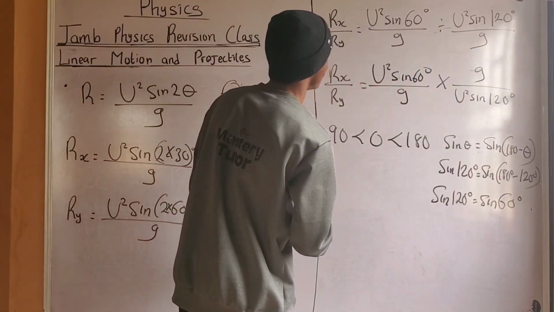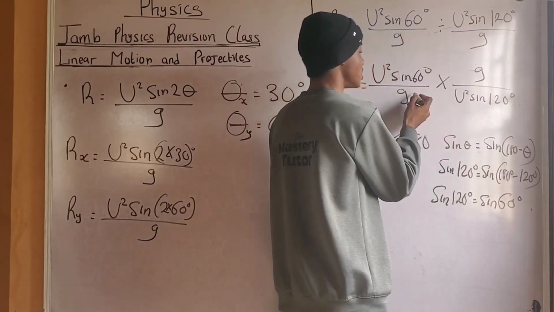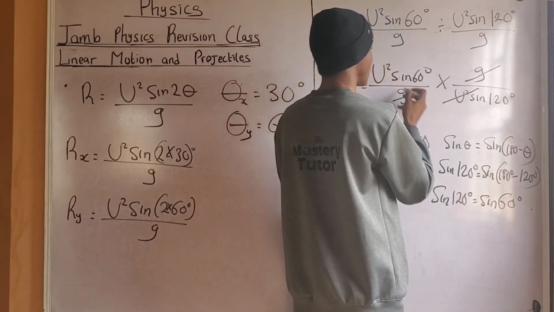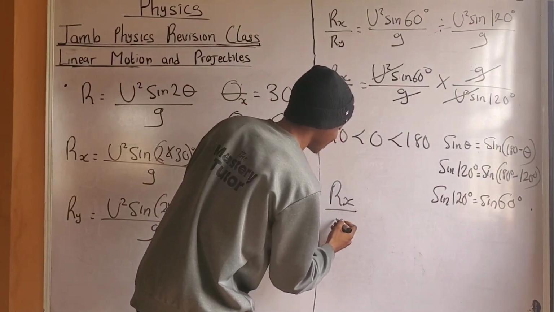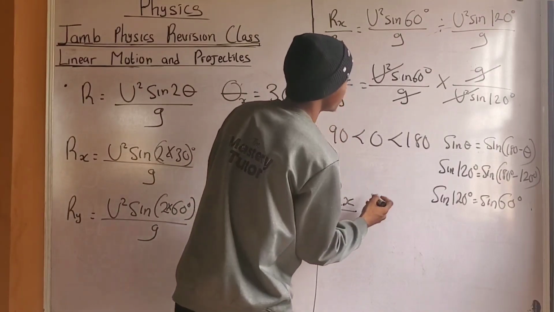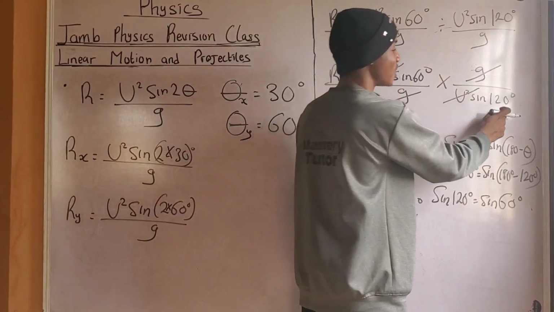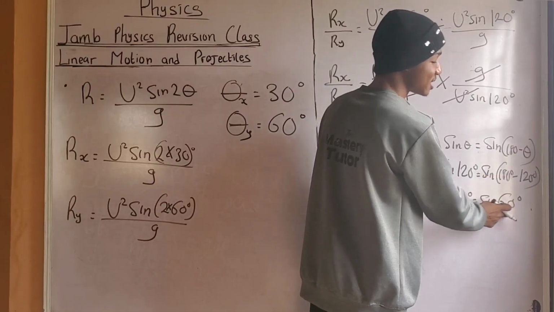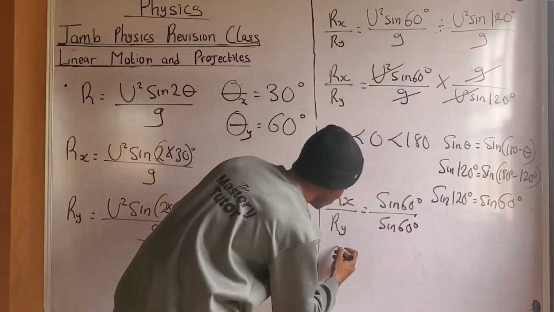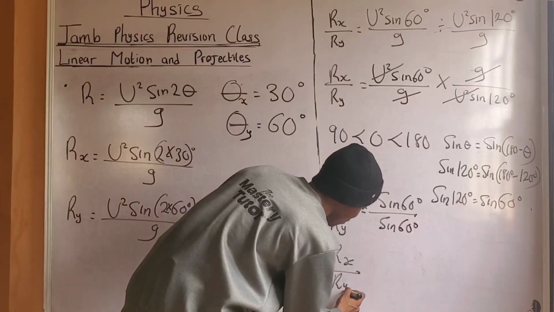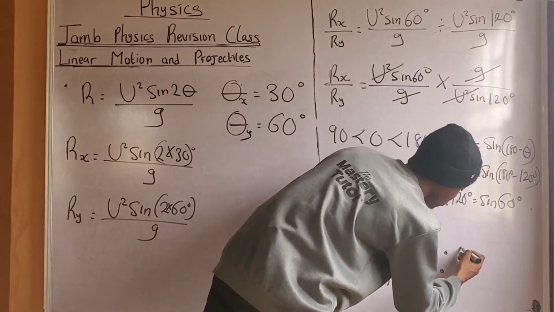So I'm going to replace the value of sine 120 degrees with sine 60 degrees. Note, this G will cancel this G. Also, U squared will cancel U squared. So the ratio of the range of x to that of y will be sine 60 degrees divided by sine 60 degrees. Rx over Ry is equal to 1 over 1, which is 1:1.